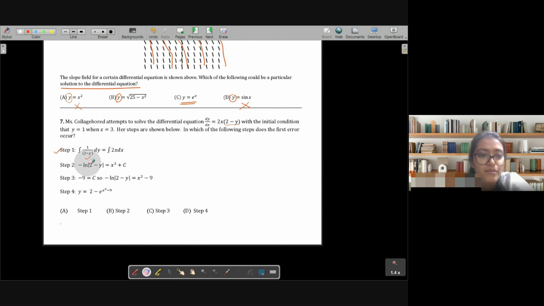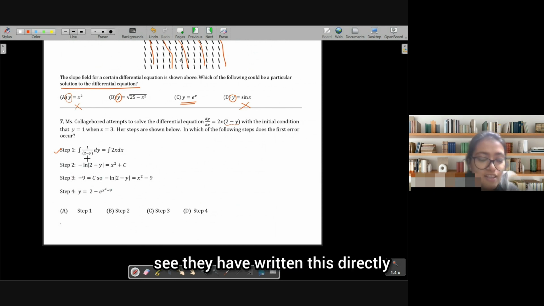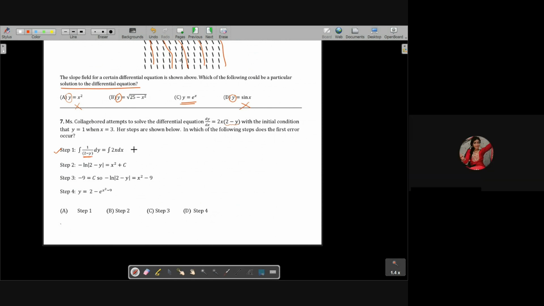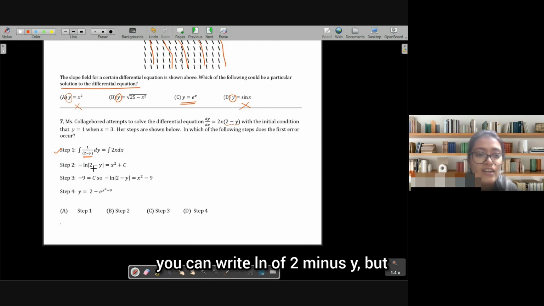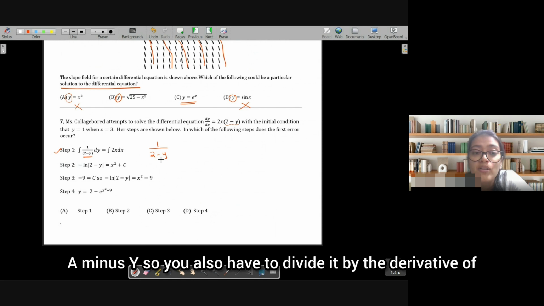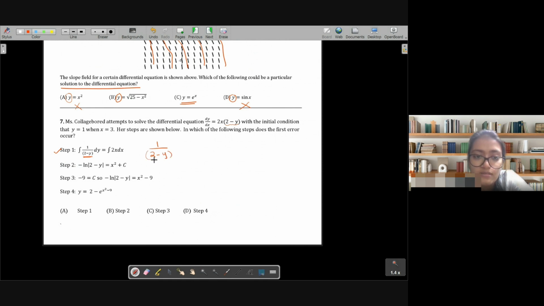After the first step, they have written this directly. 2 minus y is a linear expression. So you can write ln of 2 minus y, but this time you have a minus y, so you also have to divide it by the derivative of 2 minus y. I hope you know this, right?